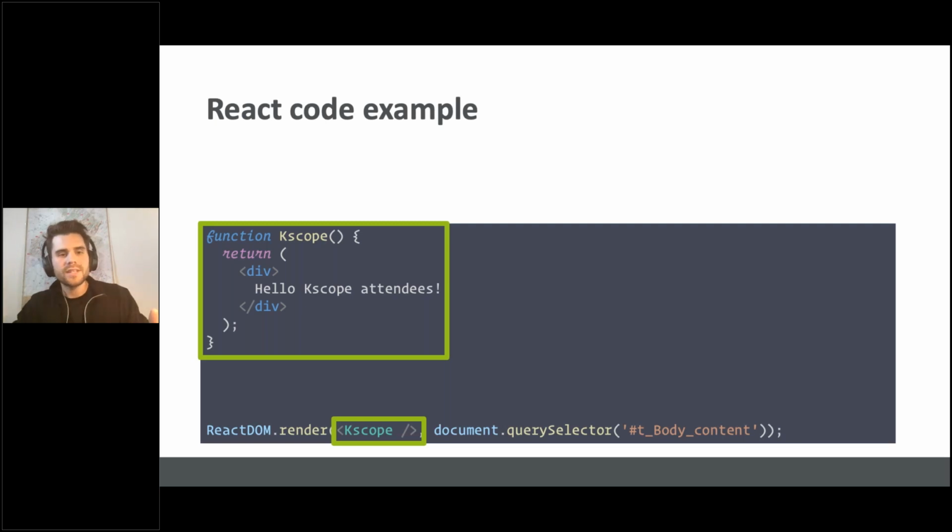So here we are using the React DOM library, which we're going to see later. And React DOM will generate and render the kscope component and put it into your page at your desired selector. In this case, we're dropping it into the body of the page.